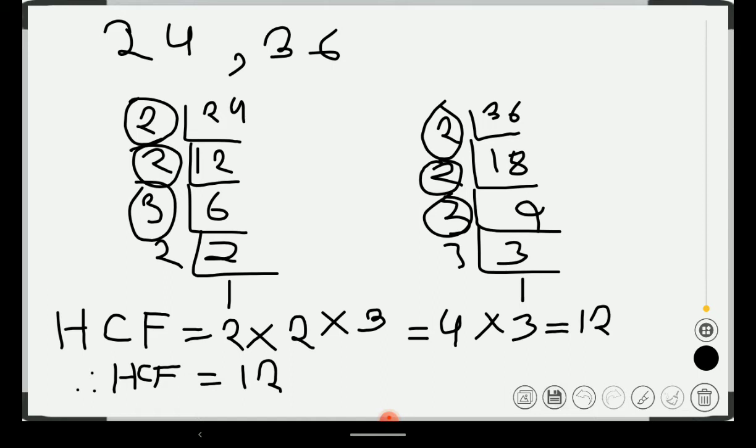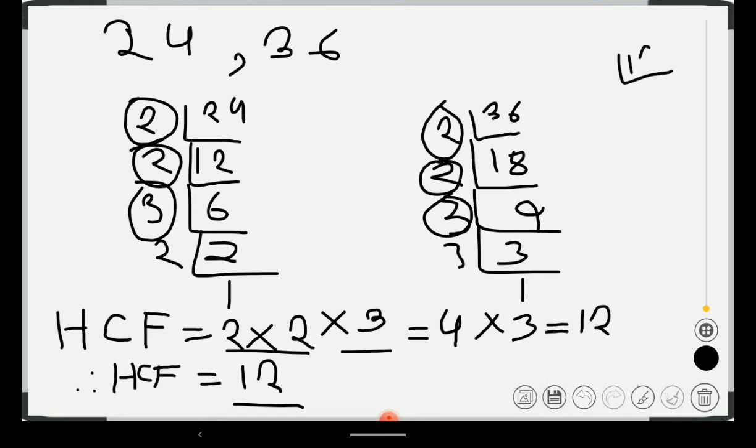So as I have said, their HCF should not always be a prime number. It can be a composite number also, but all the common prime numbers should be multiplied. In fact, 2, 2 and 3 are all prime factors of 12.